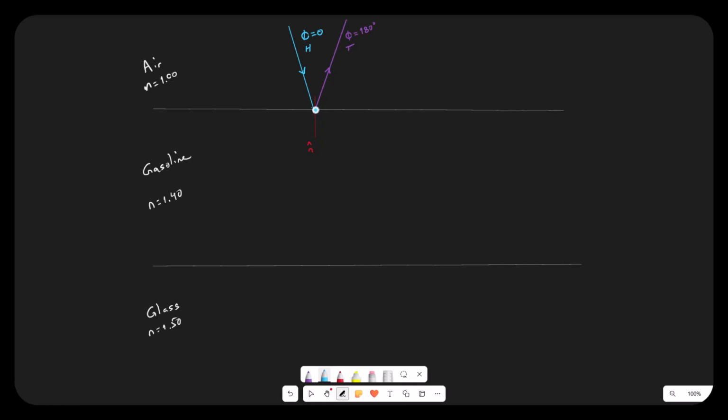Let's keep going here. I refracted, so I'm moving through this. I hit another normal, another interface. I'm going to again refract, but I don't care. This is still a phase equals 0 Hertz wave because I can't pick up an inversion by refracting. But now I want to look at this reflection at this surface.